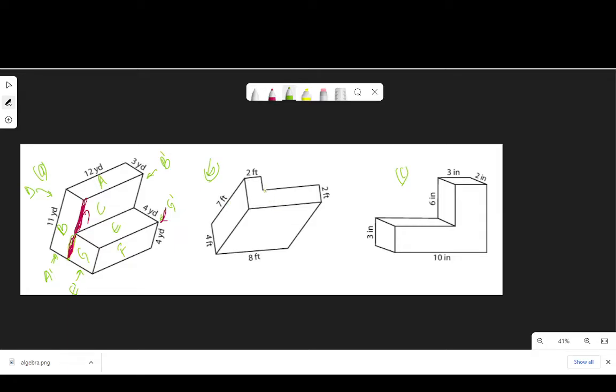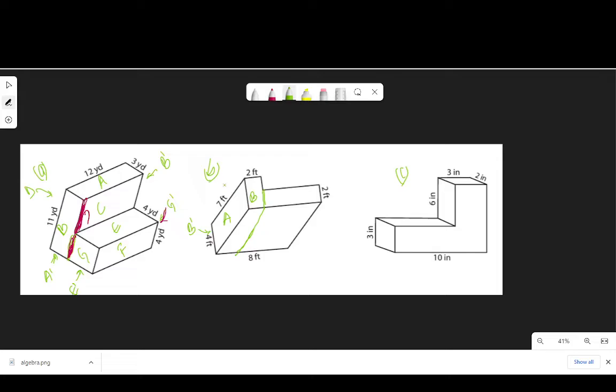Okay, for the B, let's split it up again like this. We're going to split it starting from here, and then we continue down to this place. Let me call this A, let me call this B. Now, this A and this B, we have exactly the same shape hidden behind, so let's call it B prime.